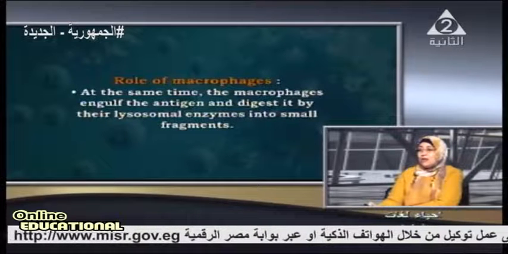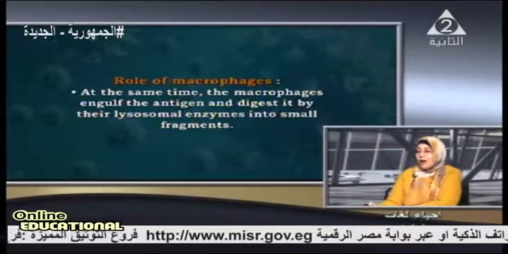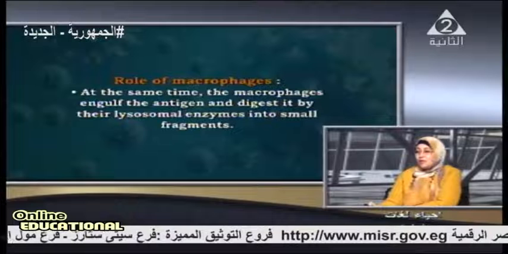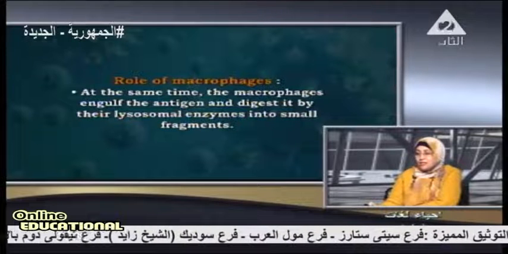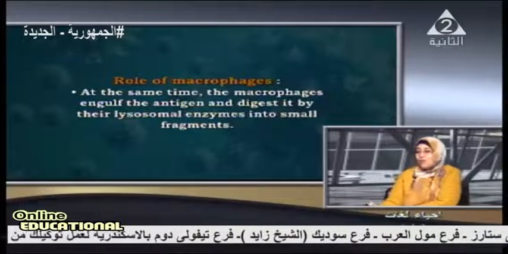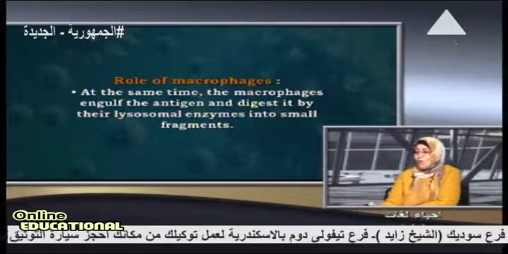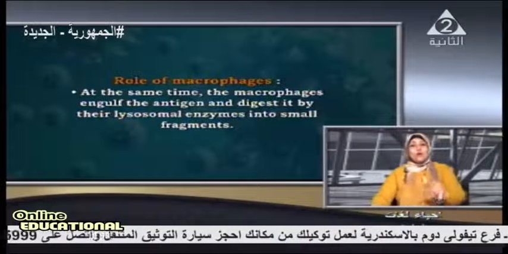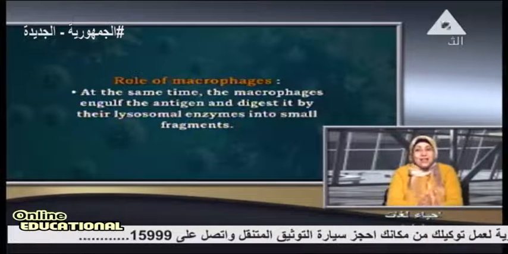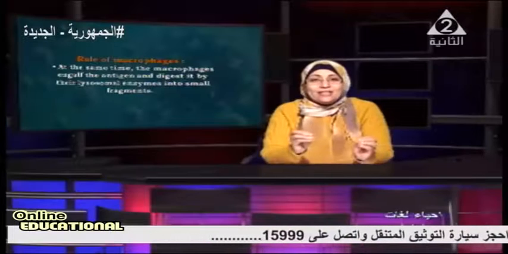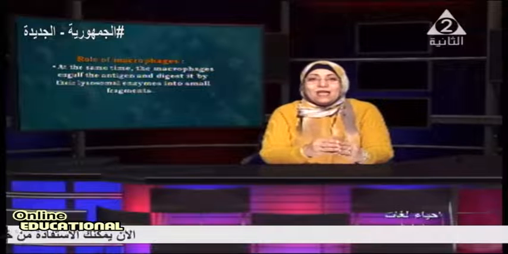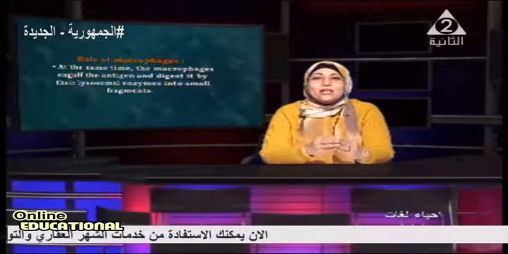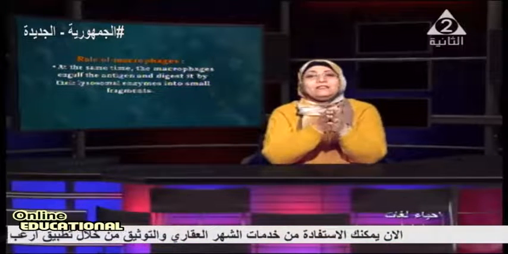What is the role of macrophage? Macrophages at the same time engulf the antigen and digest it by their lysosomal enzymes into small fragments. You know that inside the cell, each cell contains a type of organelle called lysosome. This lysosome is found in large quantity in white blood cells.